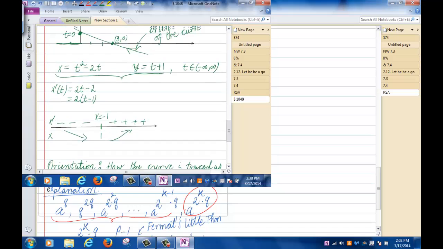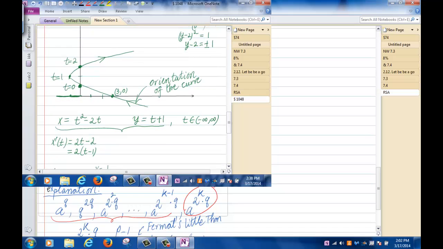So again, the graph is this. As t increases from negative infinity to 1, x value comes from positive infinity and decreases to negative 1, and then the x value increases again. Is that making sense? Questions on that?